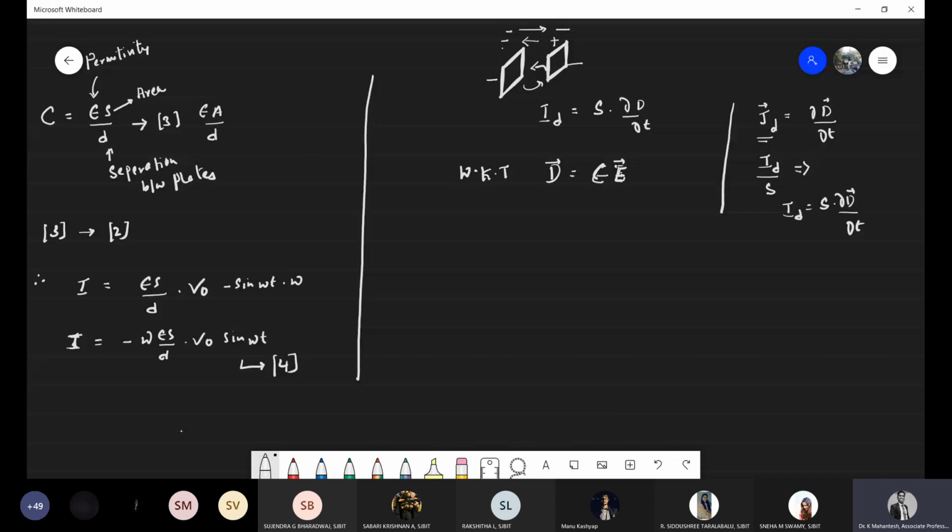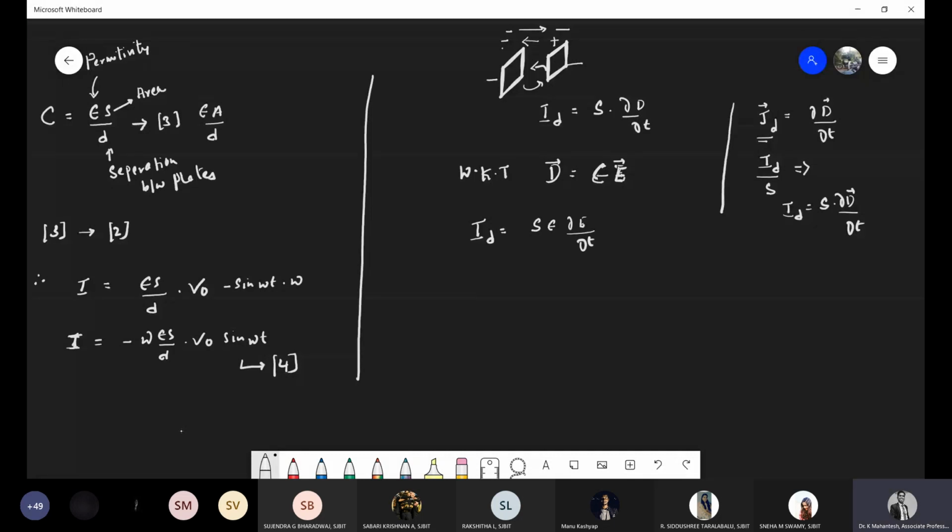So D is epsilon E. Substituting into the above equation, ID will be equal to S epsilon dou E by dou t.